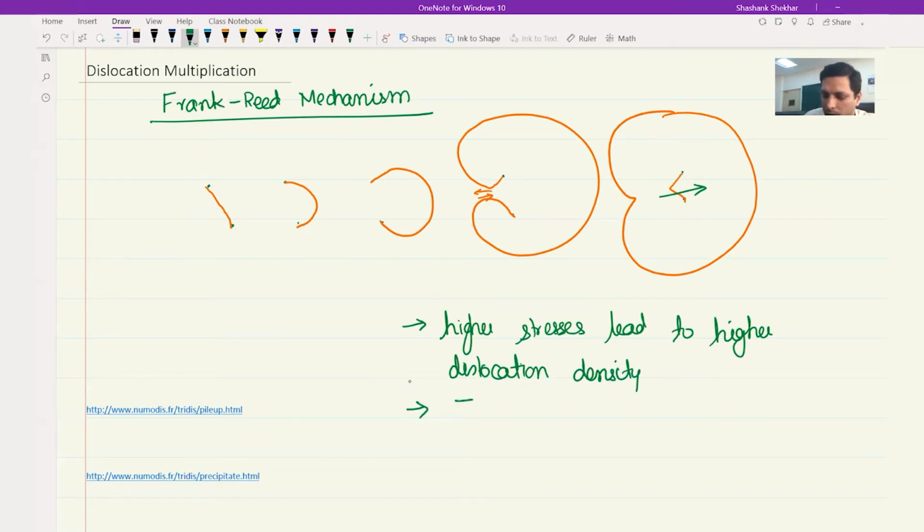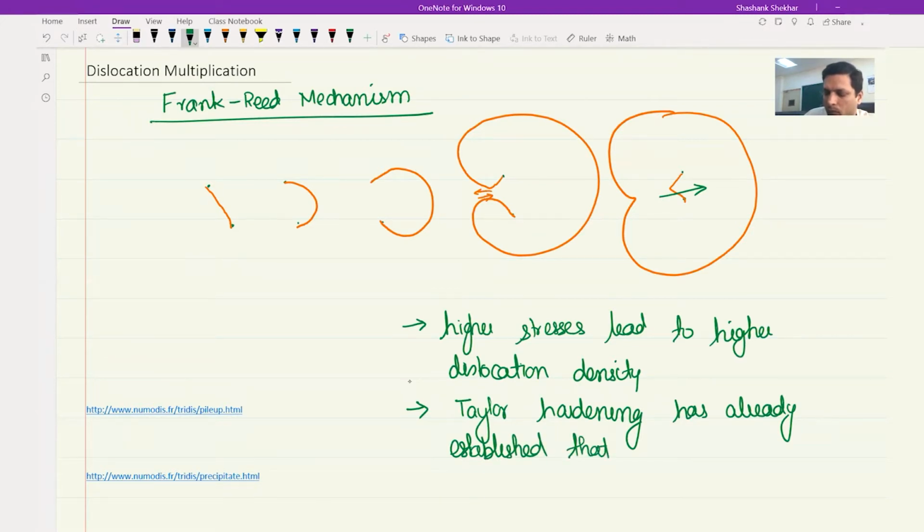And Taylor hardening has already established strengthening with increasing dislocation density.